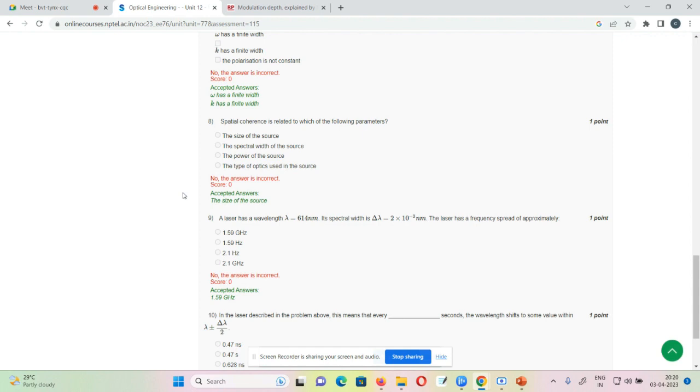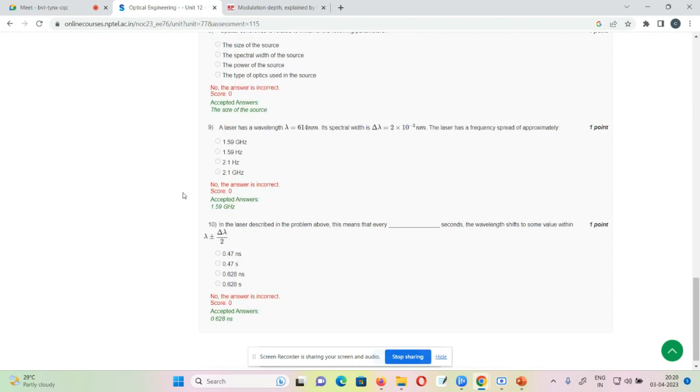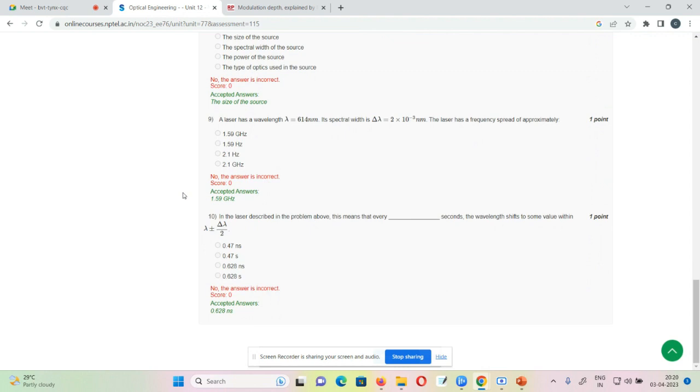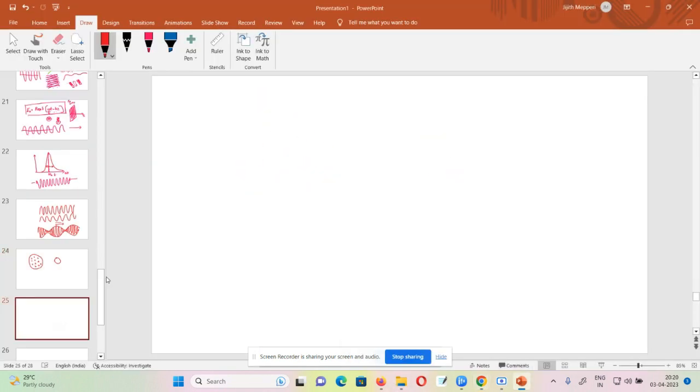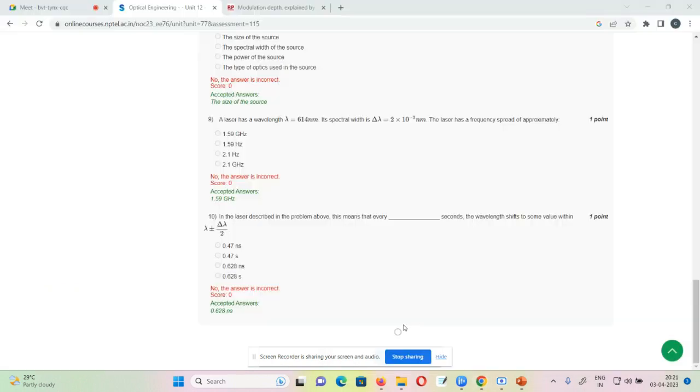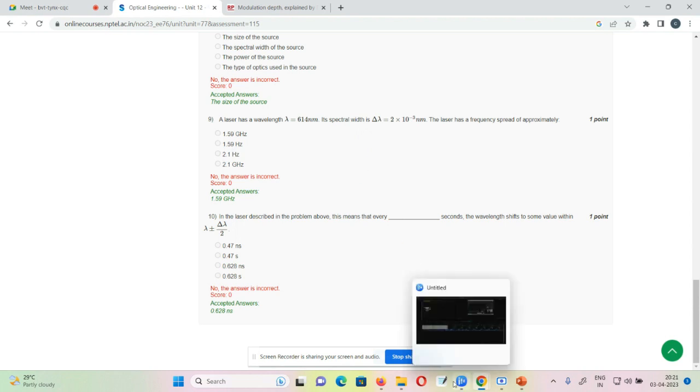The laser has a frequency spread of approximately how much?